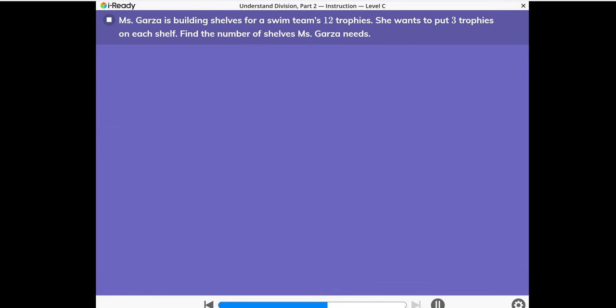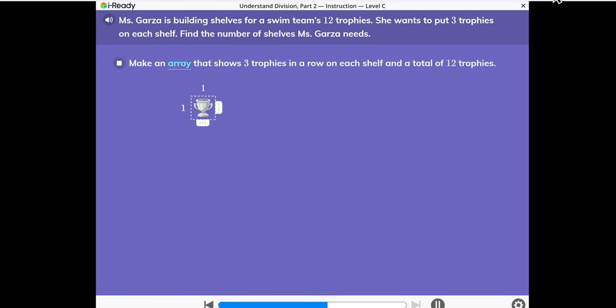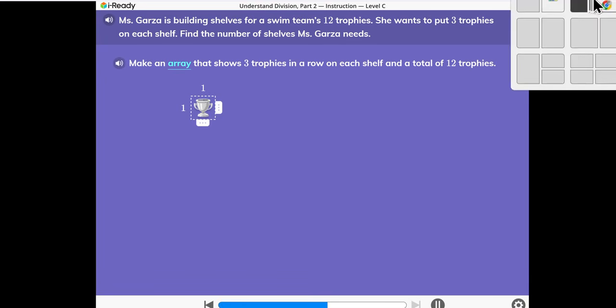She wants to put 3 trophies on each shelf. Find the number of shelves Miss Garza needs. Make an array that shows 3 trophies in a row on each shelf and a total of 12 trophies. Drag the tabs to make the array.